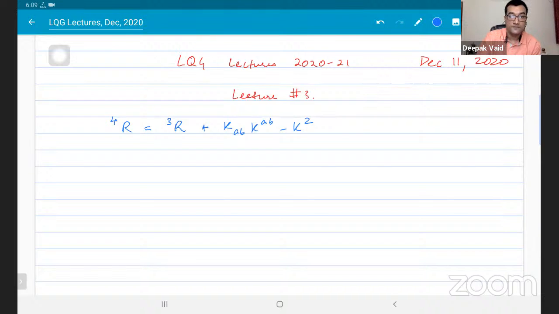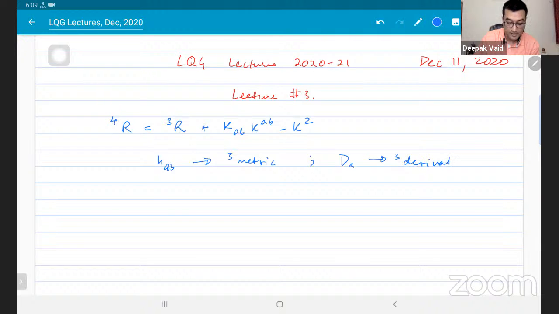So let's see. Now, the way we go about this is that we have defined this 3-metric, this projector. And in terms of this 3-metric, we have also defined a derivative operator.